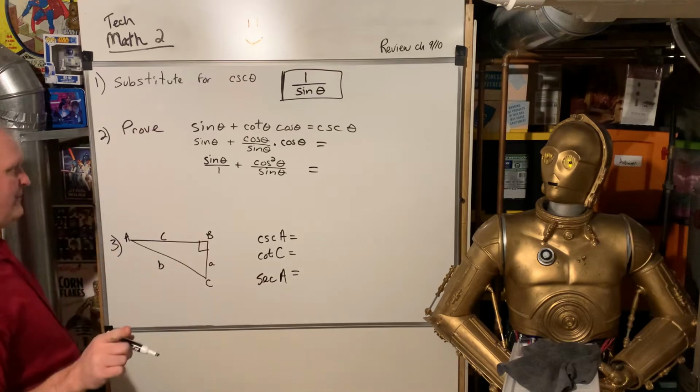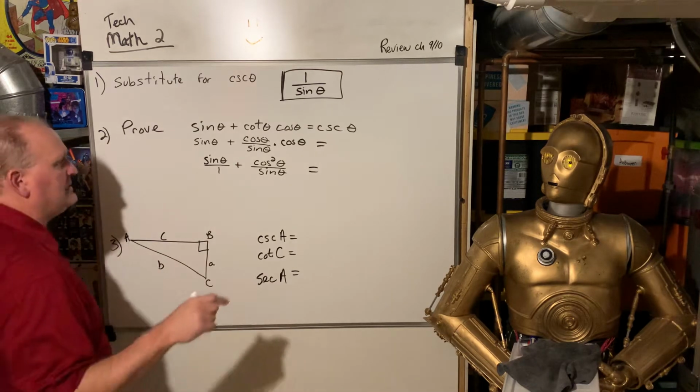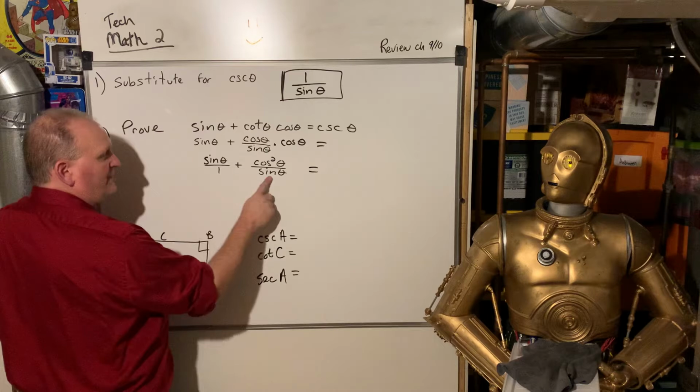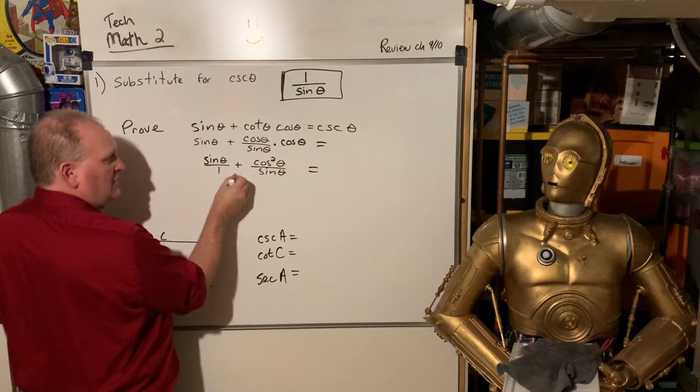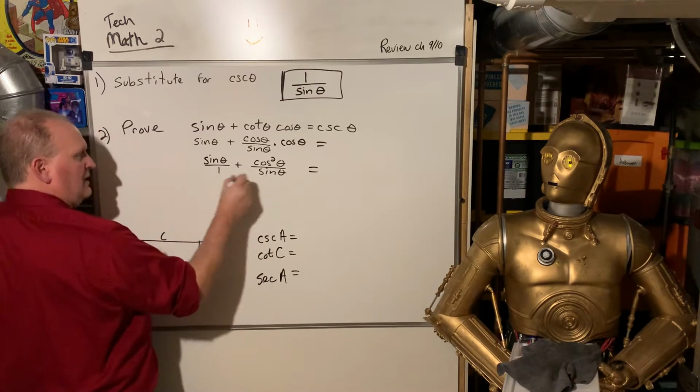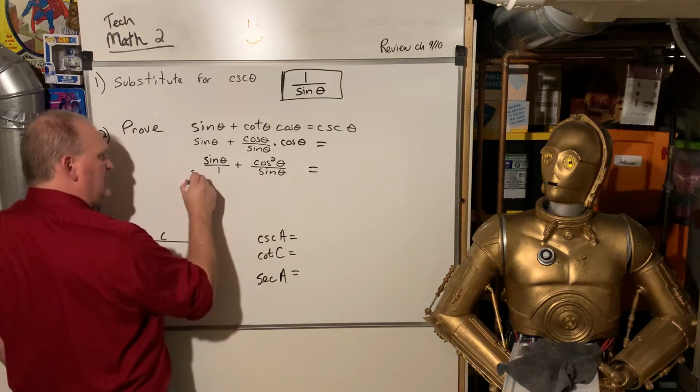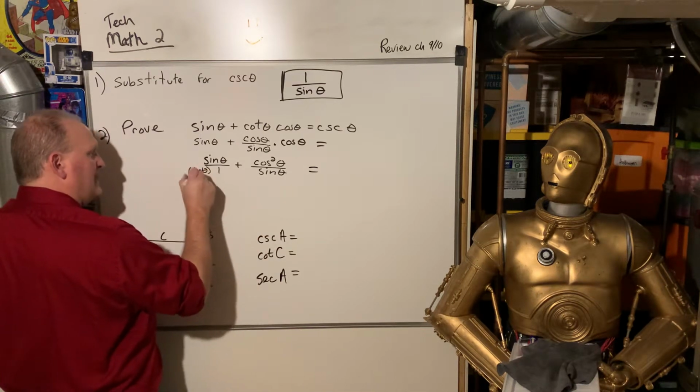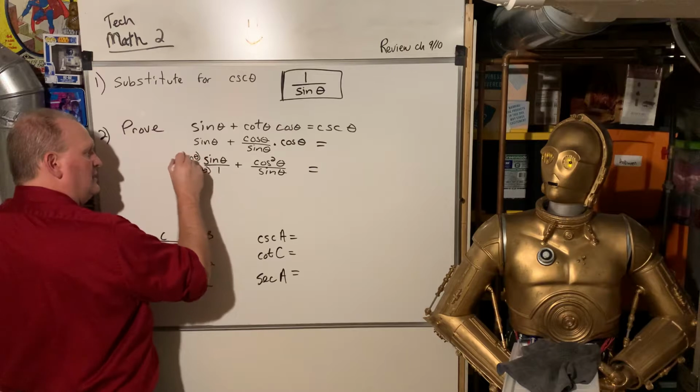This is a tough one, but I think I see it. You want to find a common denominator so we can put these all under one roof. Between 1 and sine theta, it's sine theta. So if I multiply top and bottom of this by sine theta, look at what happens.